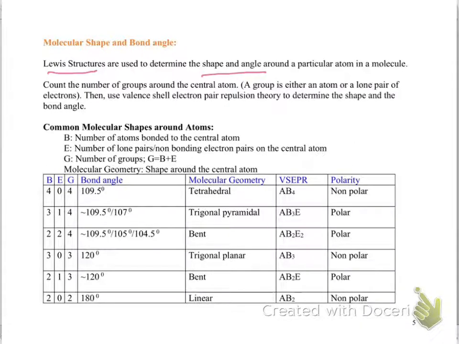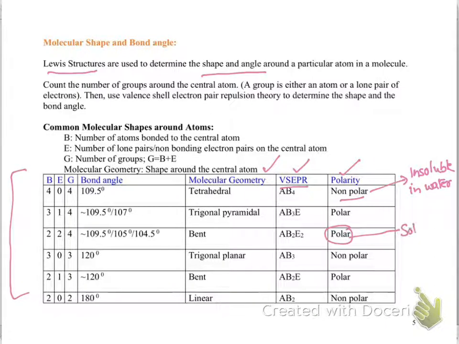This is called the VSEPR model, and based on this model, you can tell the shape of the molecule. You can also tell whether the molecule is polar or not. If a molecule is non-polar, that means it is insoluble in water. And if the molecule is polar, it is soluble in water.